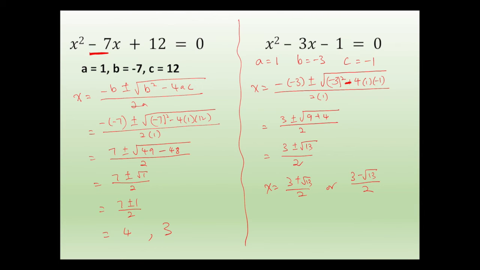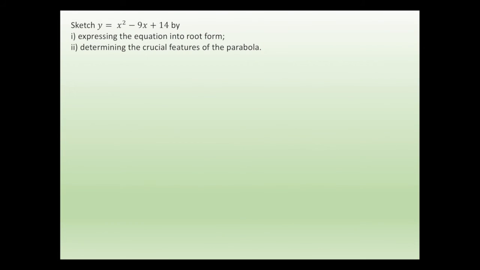Now, what I would like you to do is follow me with one example of sketching y equals x squared minus 9x plus 14. Here you are asked to express the equation in root form and then determine the crucial features of the parabola. We'll start off with y equals x squared minus 9x plus 14. Factorizing it, x minus 7 and x minus 2.